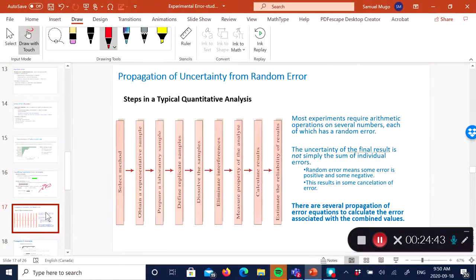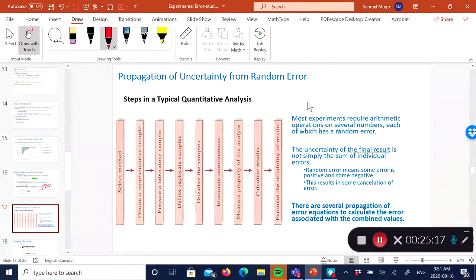Now, as you well know, and as I mentioned earlier on, analytical tests take multiple steps. You can have an error in the first step, an error in the second step, an error in the third step, all of which are going to contribute to the error for the final answer. Remember, you do not simply add up the errors at all those steps and sum them up into the final answer. Because as you well know, the random errors are random.